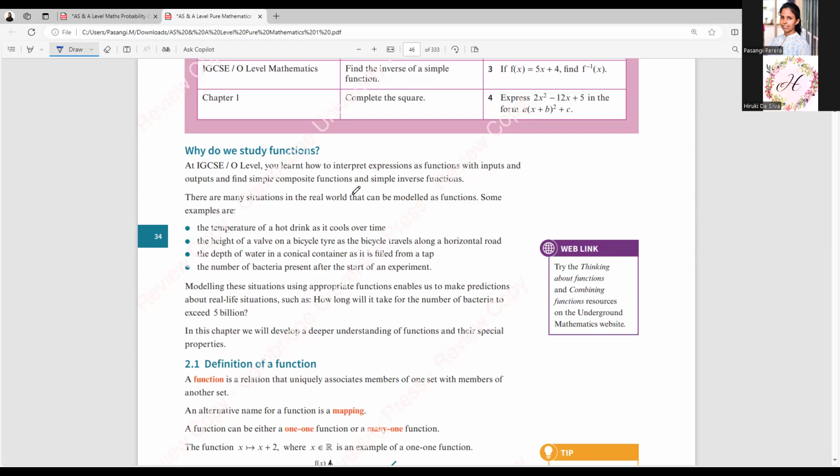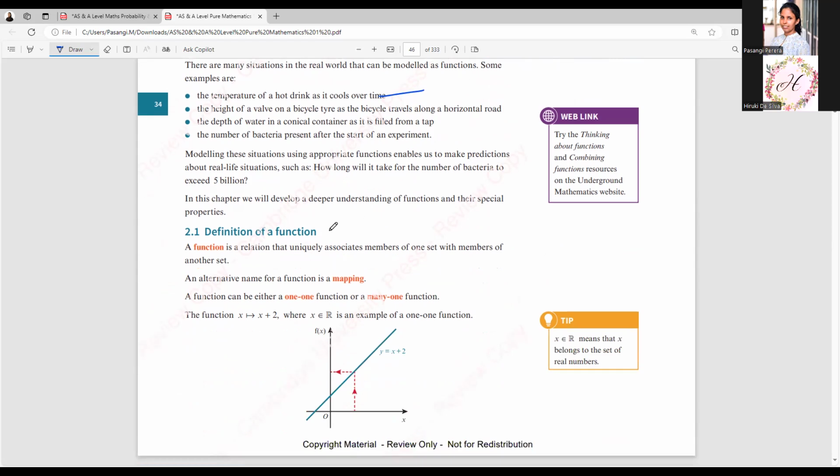Why we have to study these functions is, for example, for the temperature of a hot drink as it cools over time. These are a few examples. Anyway, we'll move to the theory part. So here, this is where the chapter starts.